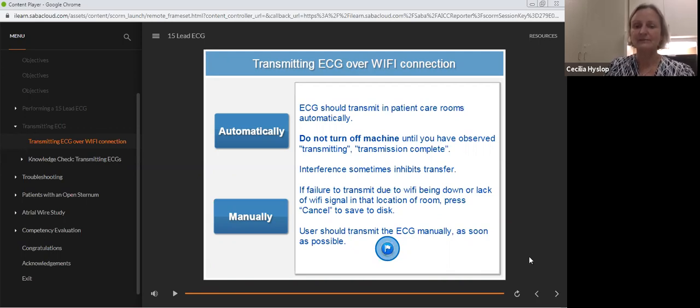And if failure to transmit, we want to press cancel so it gets saved to the disk, and then we can go and manually transmit it under the more button.